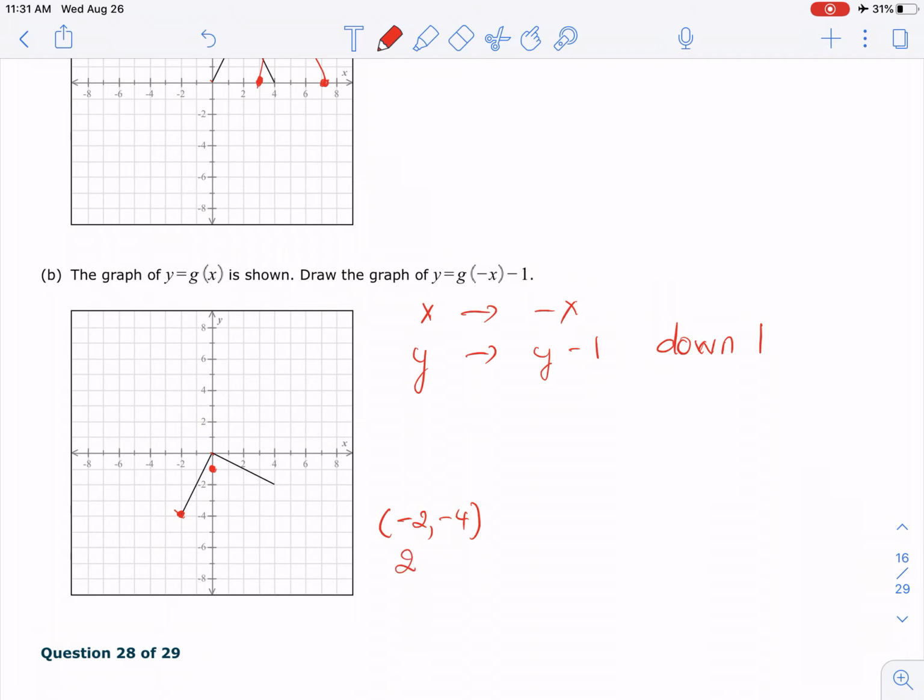For y, you go down. So we go down to negative 5. So we're going to go positive 2 right here and negative 5.